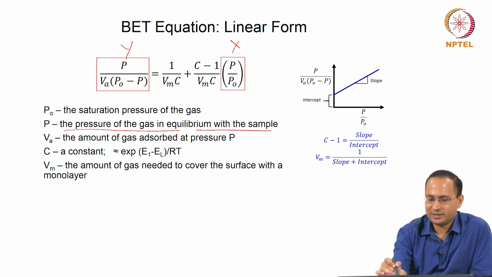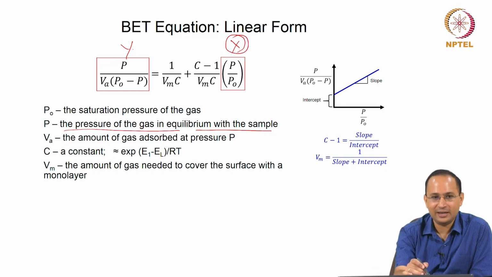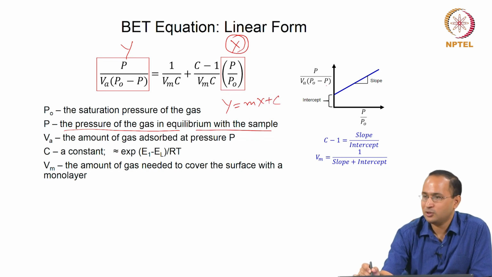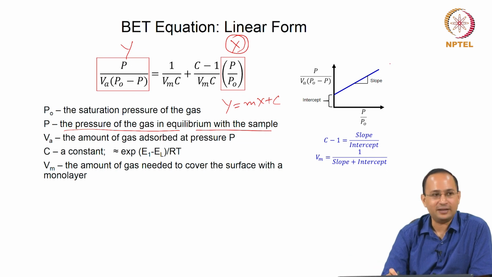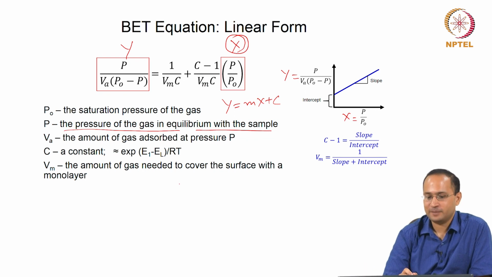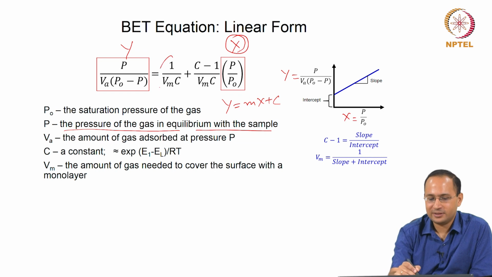Now, you are varying this partial pressure. If you plot y against x, this is a straight line, where y is P over Va times P0 minus P. So, what does it tell you? You can instantly see your slope is C minus 1 over Vm C, and your intercept is this.